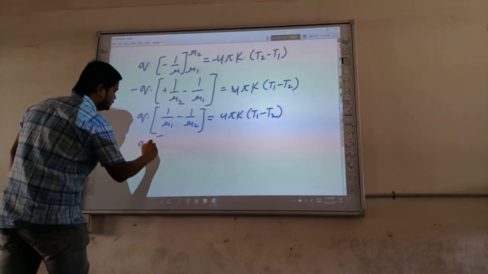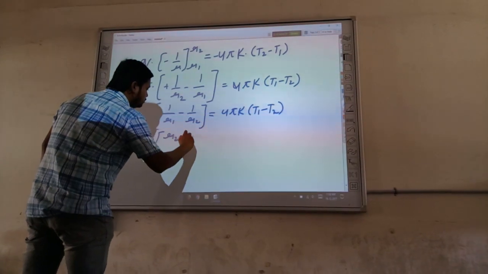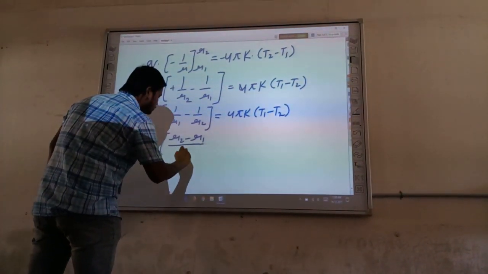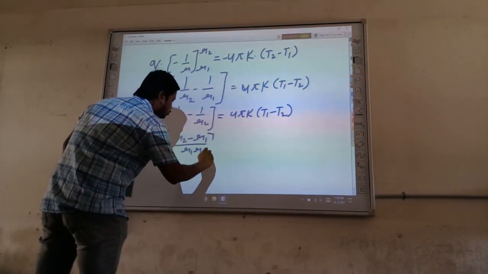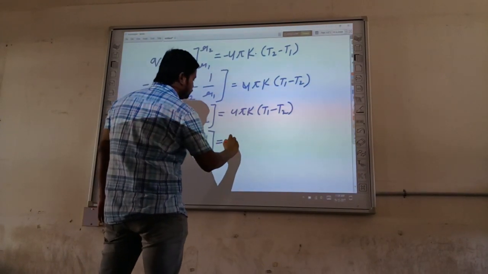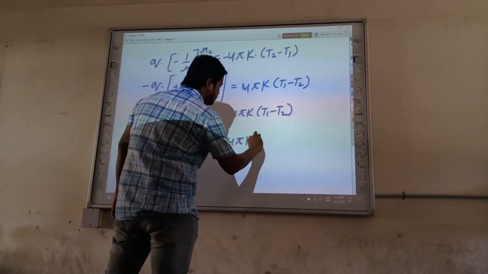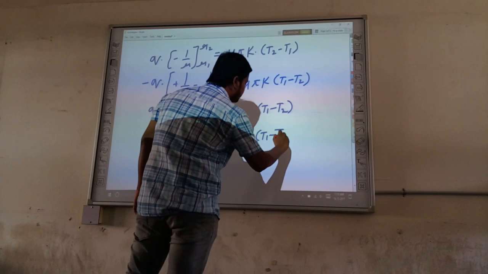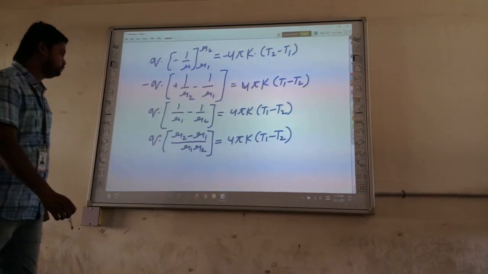This is R2 minus R1 upon R1 R2. This is 4 pi K T1 minus T2.